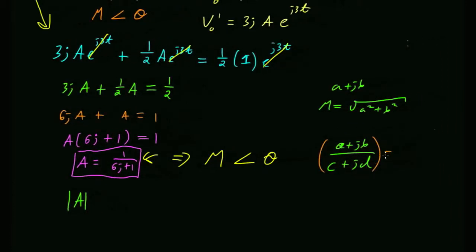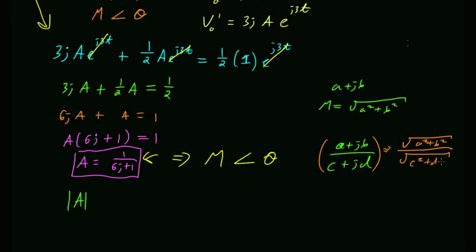It's always going to be the magnitude of the numerator divided by the magnitude of the denominator. That's the magnitude of the whole thing. So you'd say square root of a squared plus b squared over the square root of c squared plus d squared.